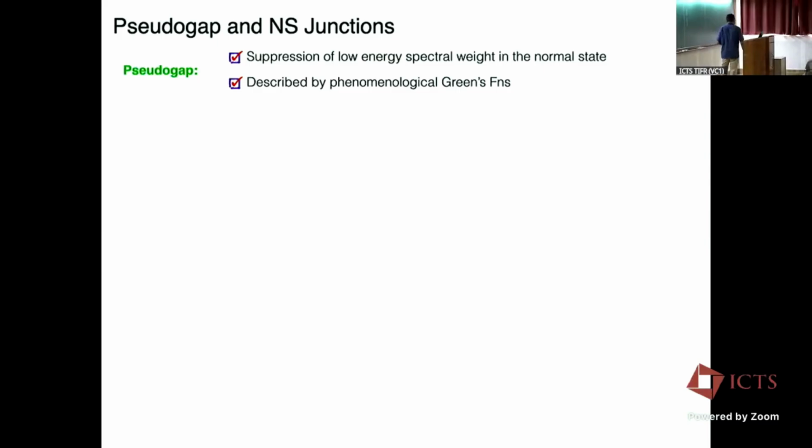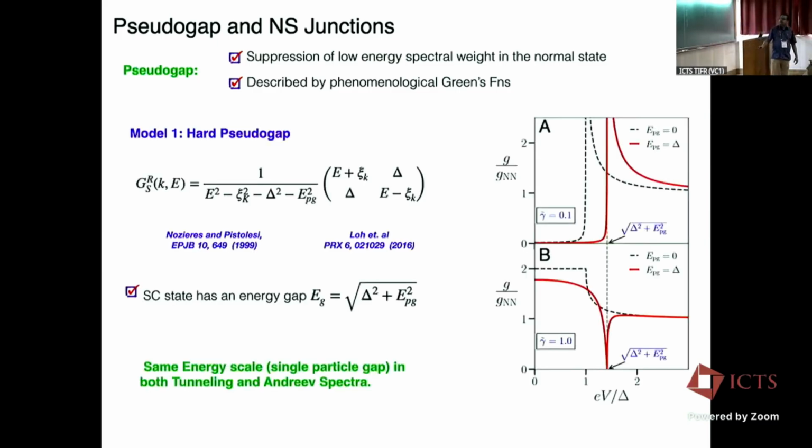So the first model is essentially a Green's function where you separate out that there is a superconducting scale delta, and there is a pseudogap scale EPG, and these two things add in quadrature to give you the single particle gap. If you look at this calculation at small gamma, the STM-like spectra, you will see that only the single particle gap is showing up. The superconducting scale does not show up in this case.